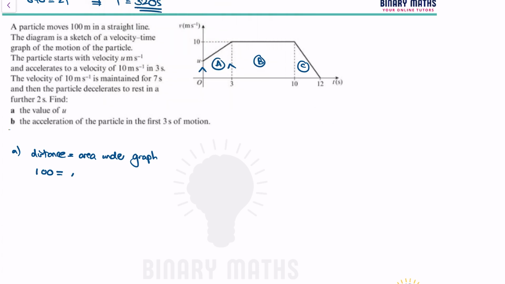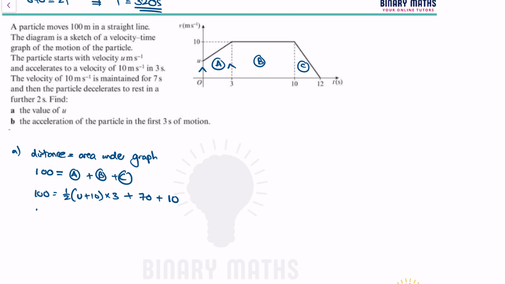100 is equal to A plus B plus C. So 100 is equal to half of u plus 10 times 3, plus B is just 7 times 10, which is 70, plus C is 10 times 2 divided by 2, which is just 10.